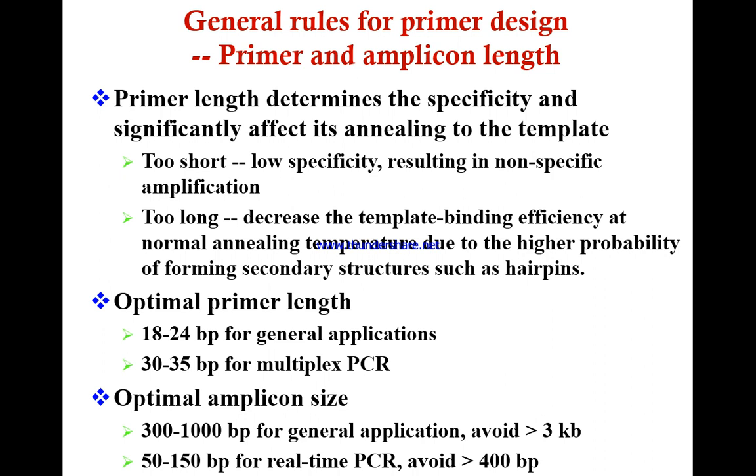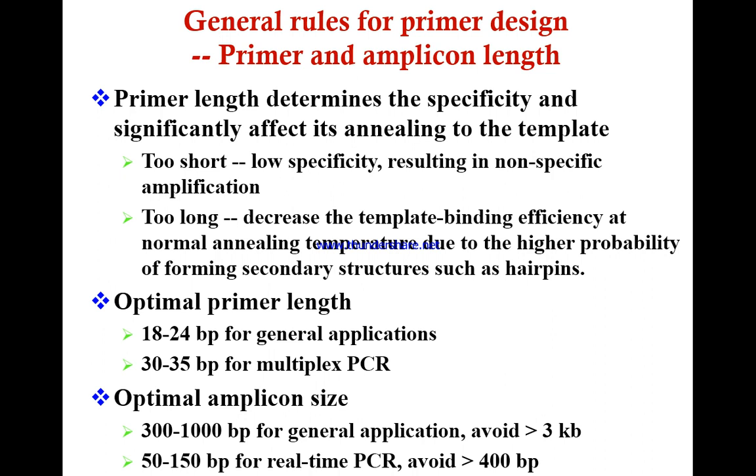Primer length determines the specificity and significantly affects annealing to the template. Too short means low specificity. It can bind to any sequence, because with a short primer there is a possibility that 4, 5, 6 nucleotides can easily be found in any DNA sequence anywhere.